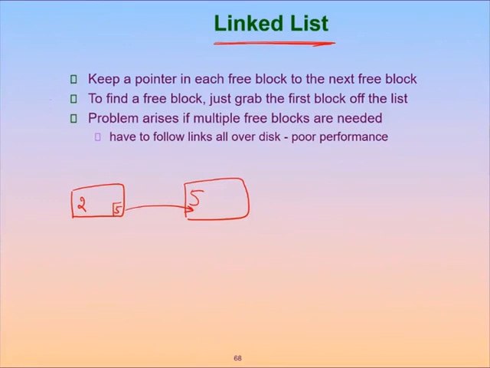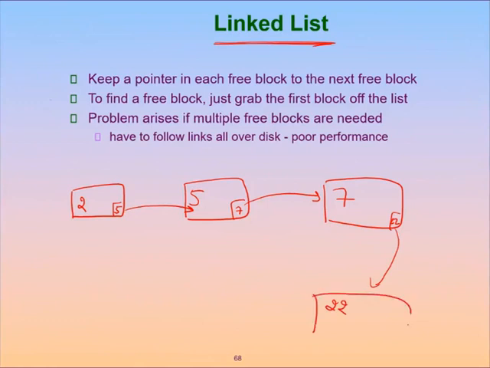So block number 5 is free. Then suppose block number 7 is free, so there is a pointer to block number 7. Then suppose 22nd is free, something like that. So you just have to store the location of the first free block.